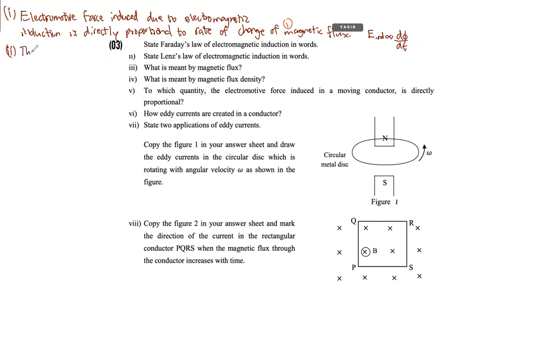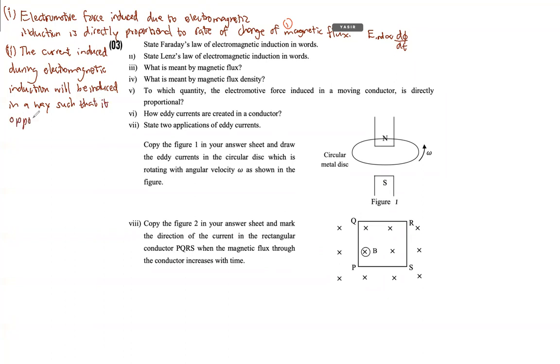The current induced during electromagnetic induction will be induced in a way such that it opposes the change in magnetic flux.